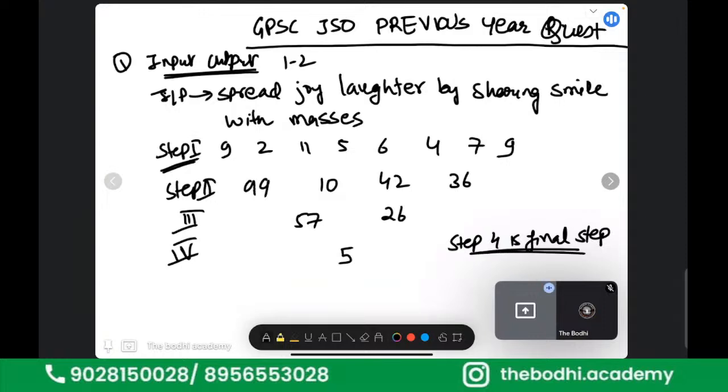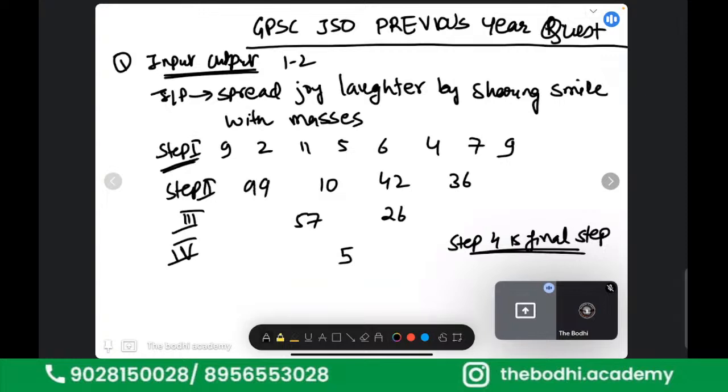Now, in this, some operation is going on, either multiplication, addition, subtraction, or division, so that if you perform some operation on step 1, you get step 2. Perform some operation on step 2, you get step 3. Perform some operation on step 3 to get step 4. Now, if you see, first we have English alphabets, then we have numbers.